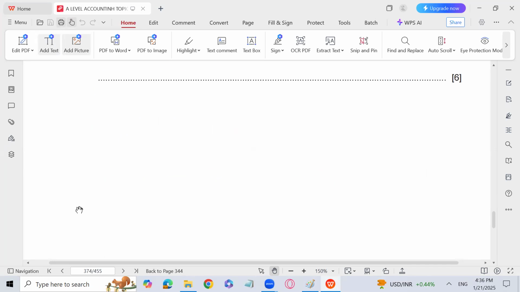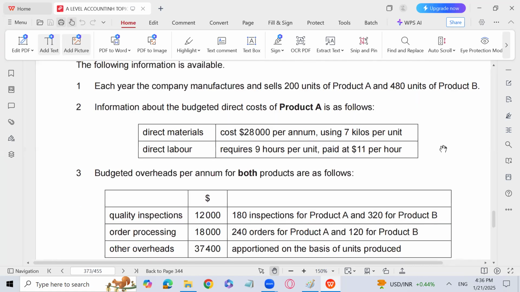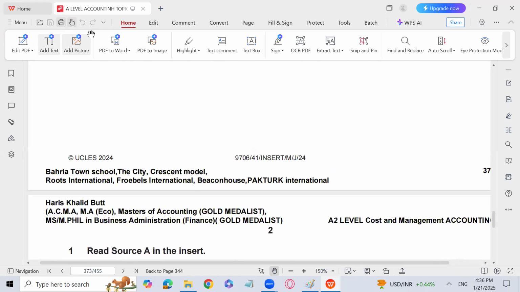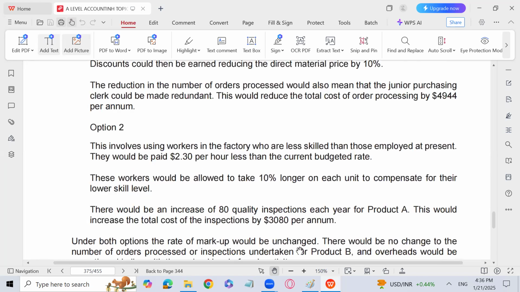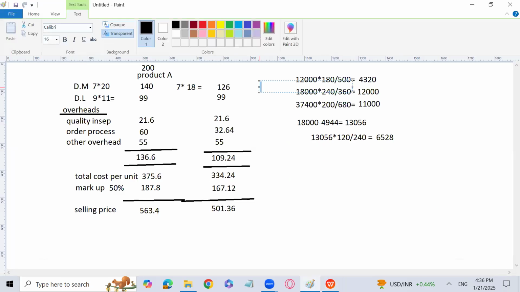What was the budgeted rate in the past? It was $11. Now we are paying $2.3 less.